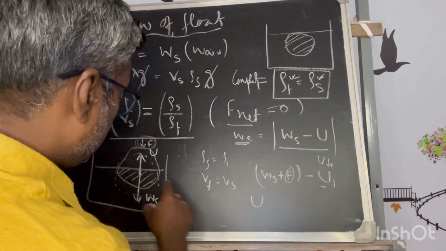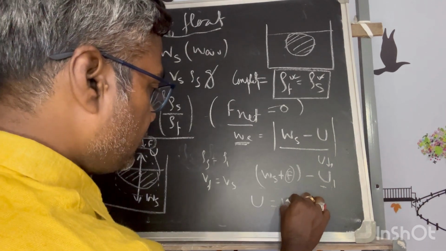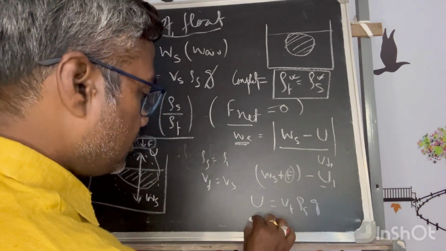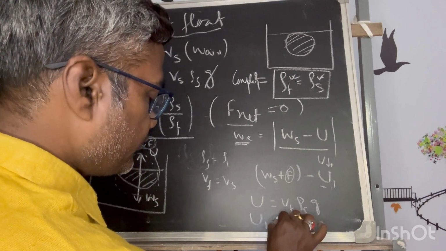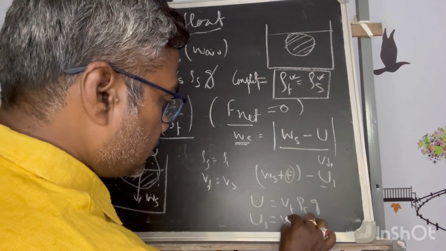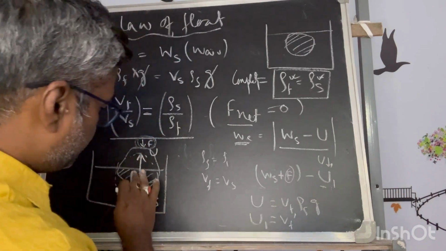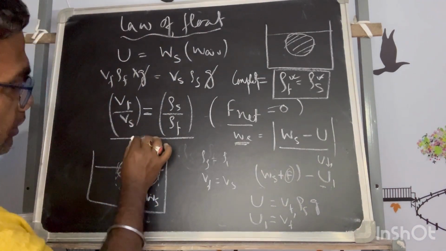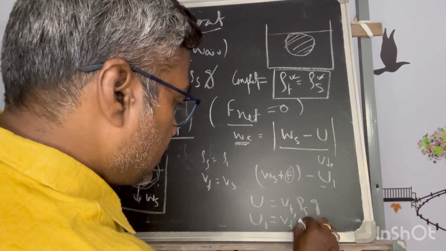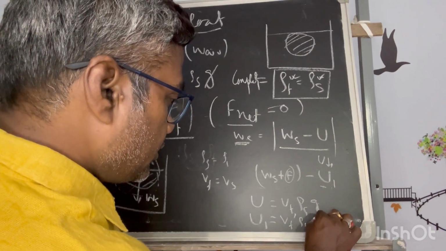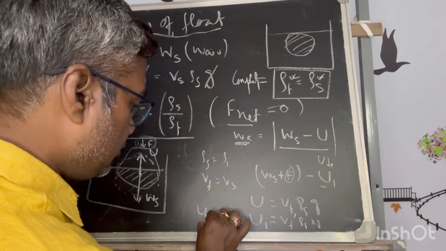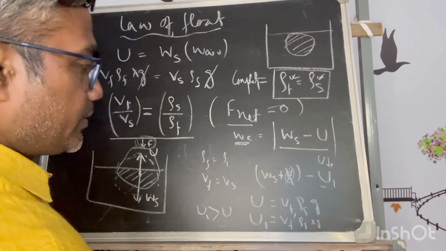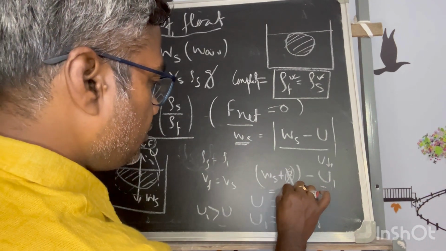The initial U, when it is in this condition, has Vf, rho, and g as its values. But when it is pushed down due to the additional force, the volume displaced will change. The displacement of volume in this condition will not be the same as when it was on the surface, and in this Vf into g, the value will definitely be more than before. Now when the force is not there, the imbalance force will be reversed.